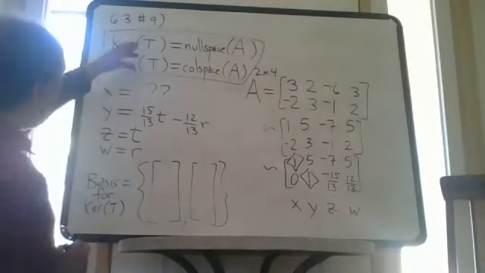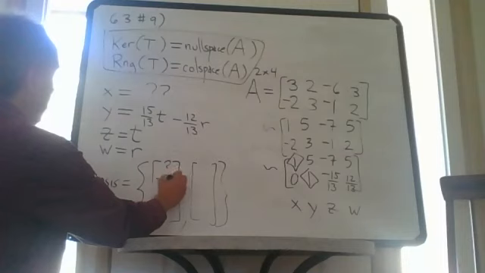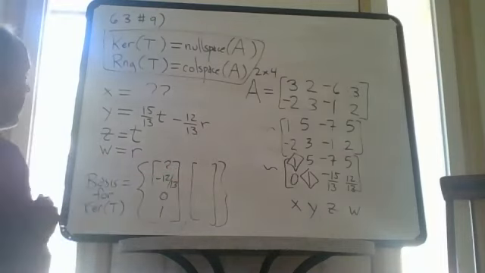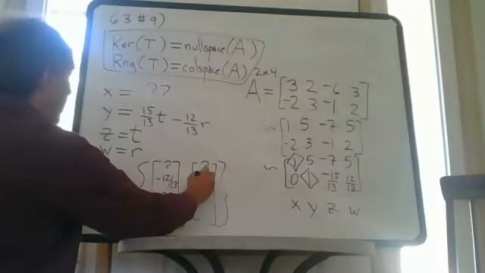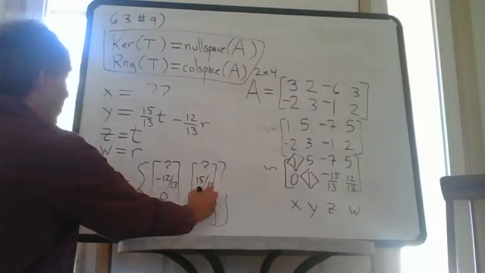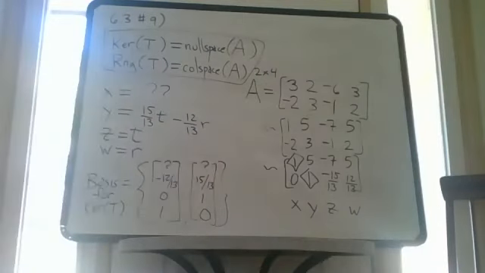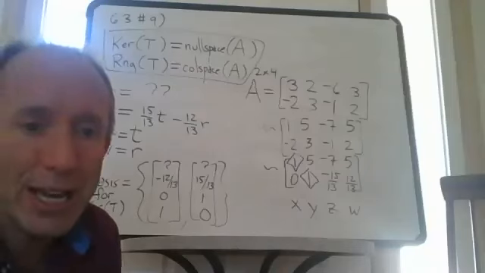When I bust out the r, I'm going to get something here, and then -12/13, 0, and 1. And when I bust out the t, I'm going to get something there, 15/13, 1, and 0. Okay. Now, in the back of the book, they might have multiplied through by 13 just to clear the denominators out of it.